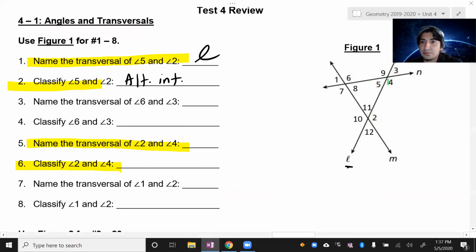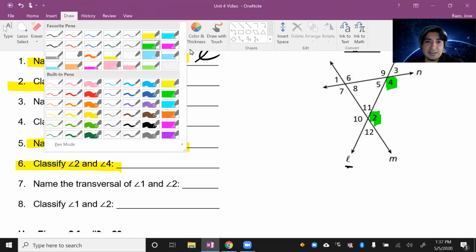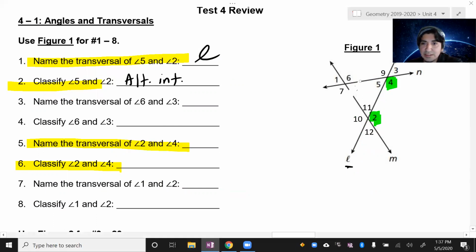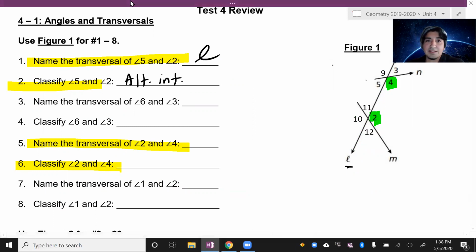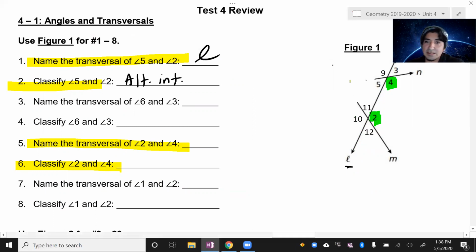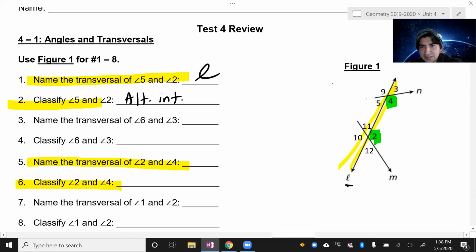Let's go 2 and 4. So I'm going to look at 2 and 4. I've got 4 right here, and 2 right here. I'm not focusing on anything else because that's going to make everything more confusing. What is the straight line that cuts through them? They're both on the same side of the railroad tracks, so they'll be the same side, and the transversal is L because that's the one that connects them both.